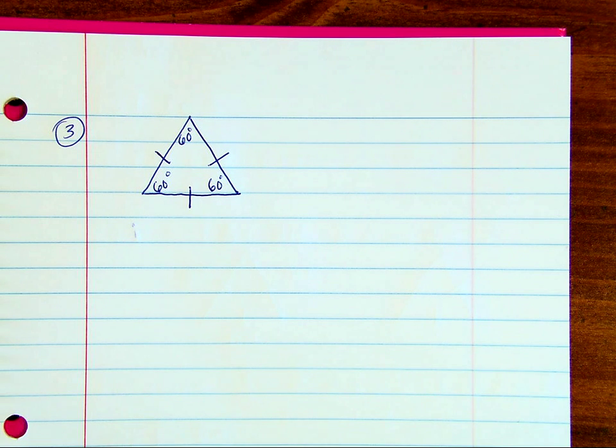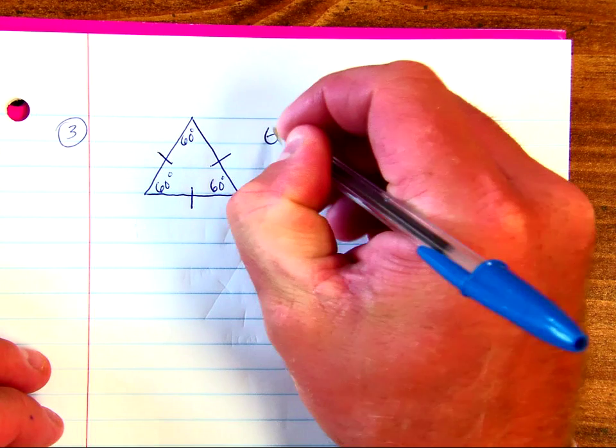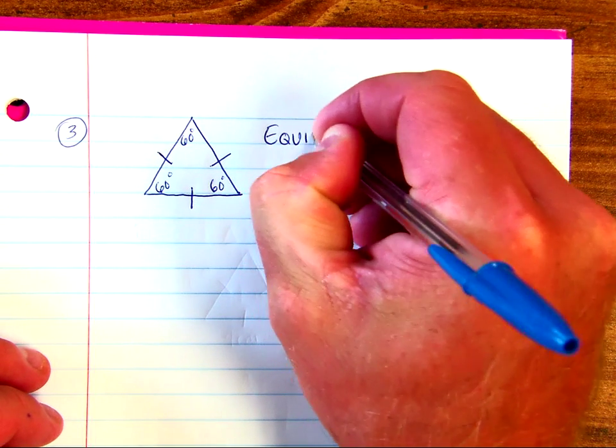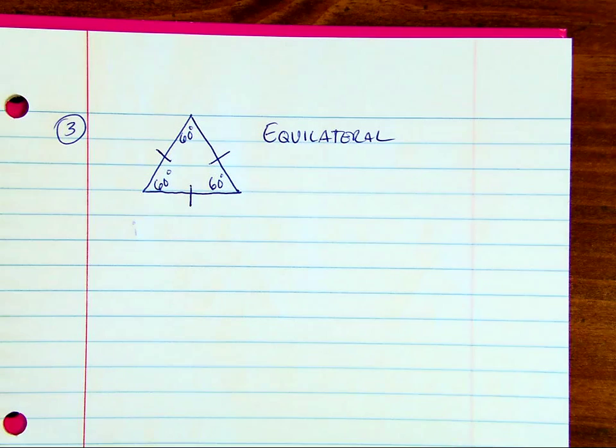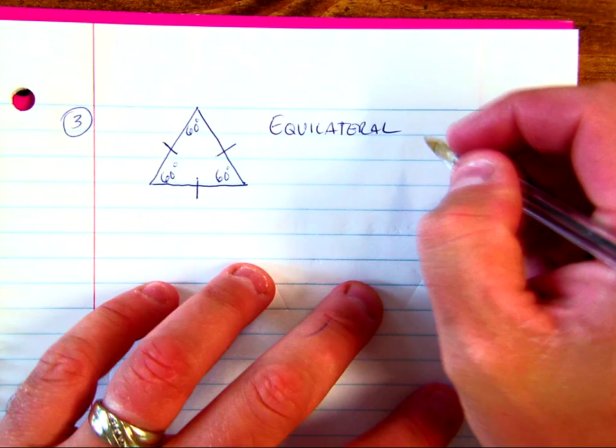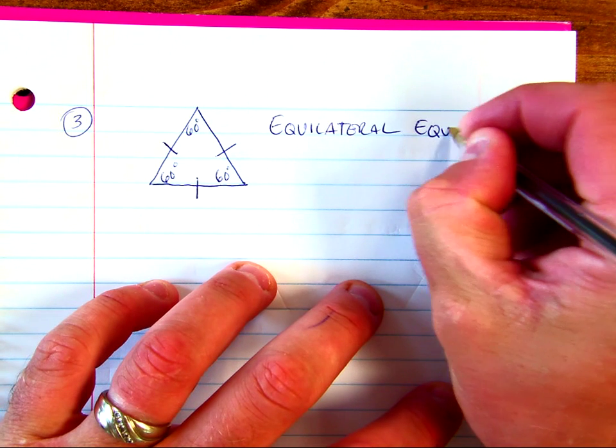Equilateral? I agree with that. Remember, equilateral does have an I, not an A. And Emma? A right? No, right's 90 degrees. That's what right means. Right makes the L. Looks like an L. Christian? Very good. Equiangular.